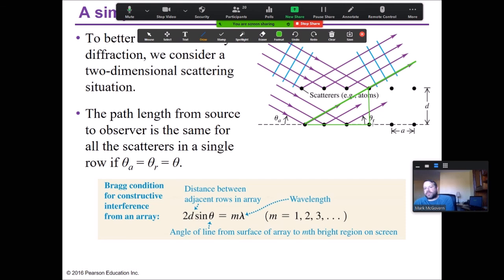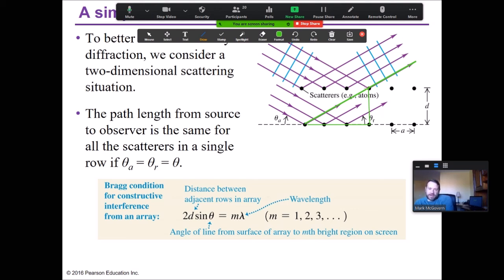So the difference in path is this distance right here, this hypotenuse, which is given by d sine theta. That's one way you can express that. So there's a path length difference there, which means there can be interference patterns that take place. There's a 2 here because the material has to come down and go up. So that's that distance d here, the distance between 2 different layers.